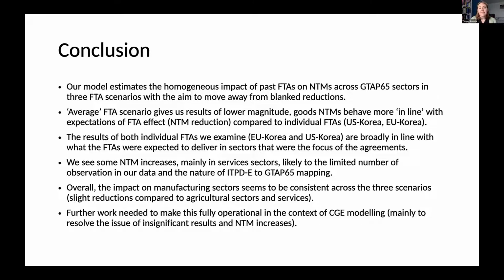As you could see, the average FTA roughly gives results of lower magnitude, and we saw across-the-board reductions in the goods sectors, as opposed to the service sectors, which sometimes come with increases in NTMs. We looked at two specific scenarios: US-Korea and EU-Korea.